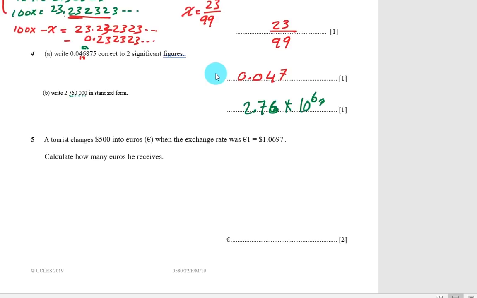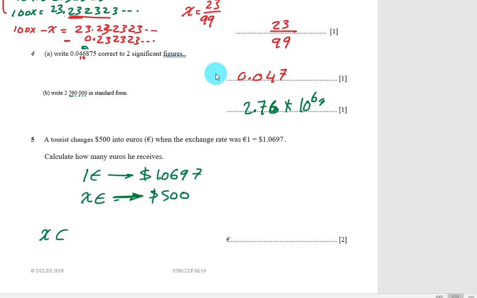A tourist changed $500 into euros when the exchange rate was 1 euro is 1.0697 dollars. Calculate how many euros he received. So 1 euro is equal to 1.0697. So X euros is equal to $500.